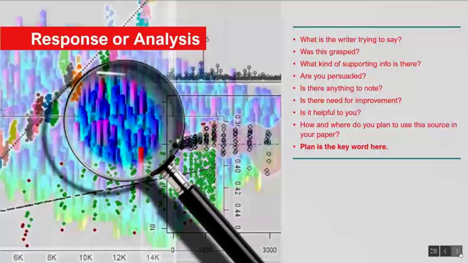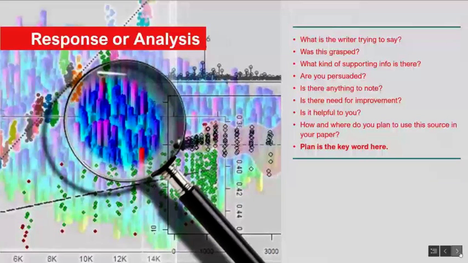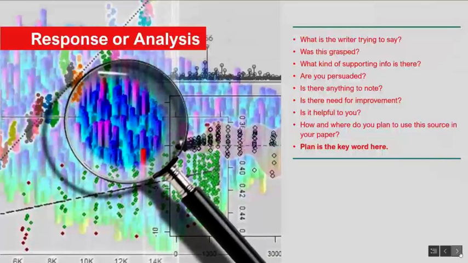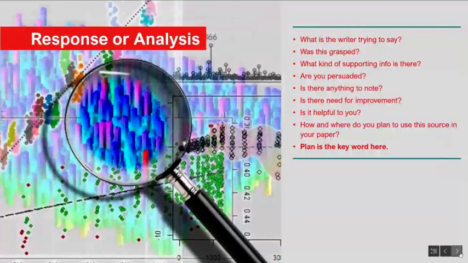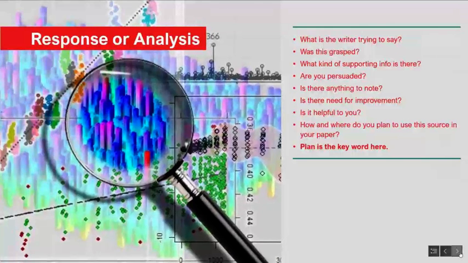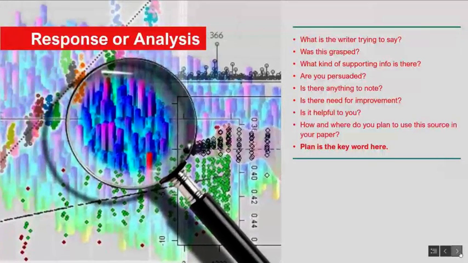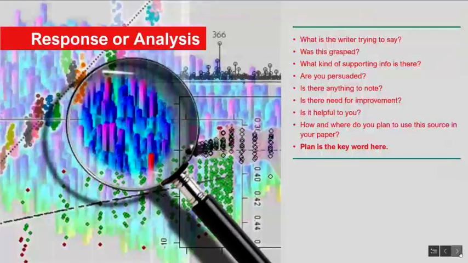And if so, maybe you want to discard that article or just use it not as heavily as some of the other sources. You also want to say, is this really helpful to me? Just because you've read an article, just because it might be on the topic that you're writing about, just because it has all the information you need, it could be extra and it could be not helpful for your writing at all. So you might want to discard it just based on that.